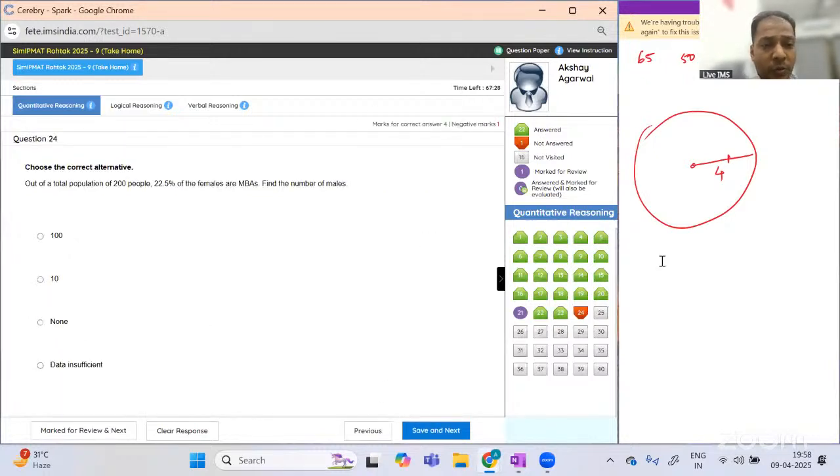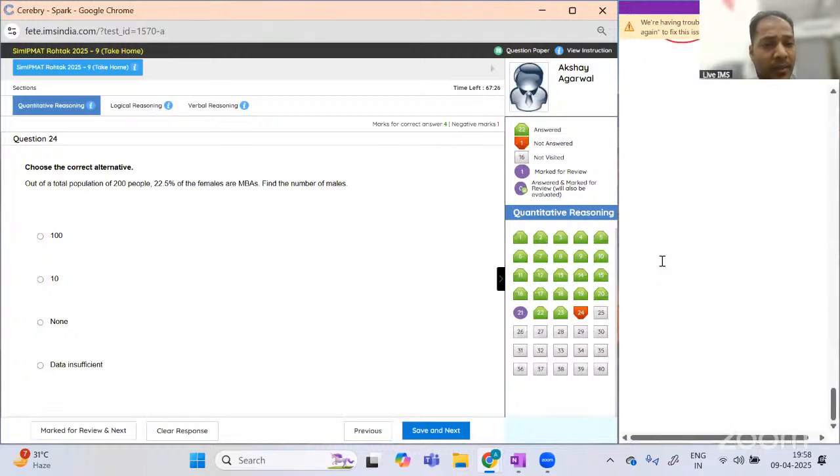Out of the total population of 200 people, 25% of the females are MBA. Find the number of males. 22.5% of the females is an MBA. That could be any number which is a multiple of 22.5.